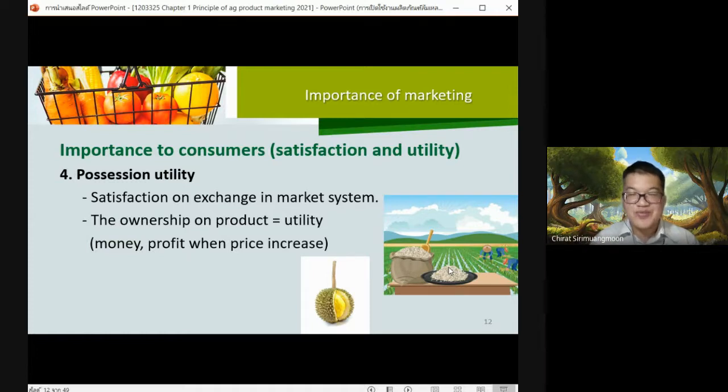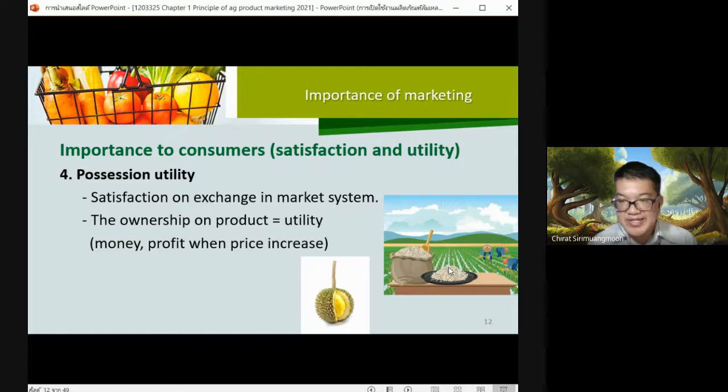They ask for reservation, like, I need to have this fruit, so I can pay you in advance. So in this case, the durian is not fully developed or fully ripened. It's not ready yet, but you can actually have the money. So in this term we call this possession utilities.